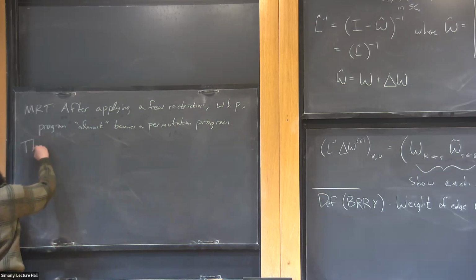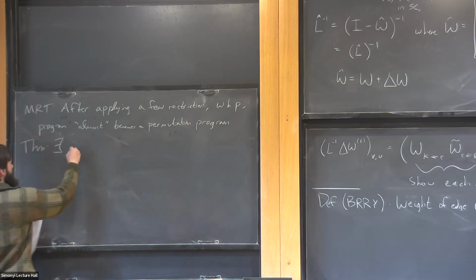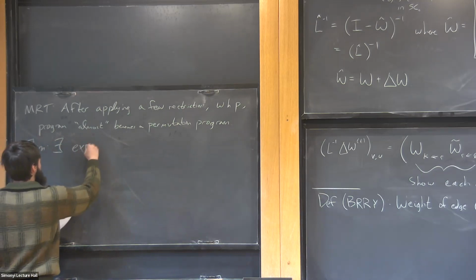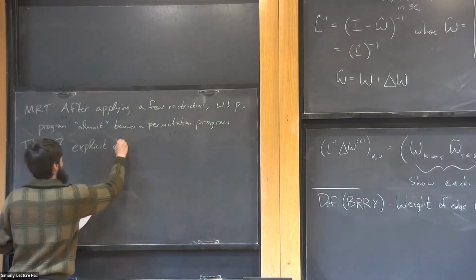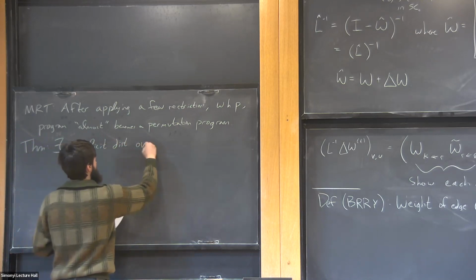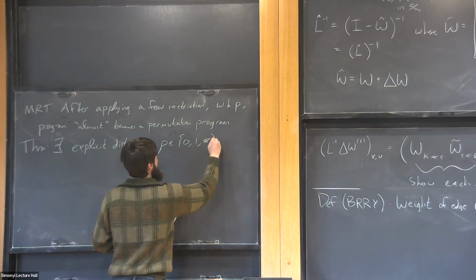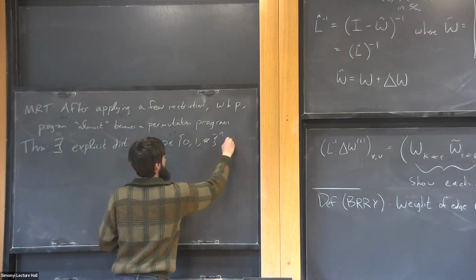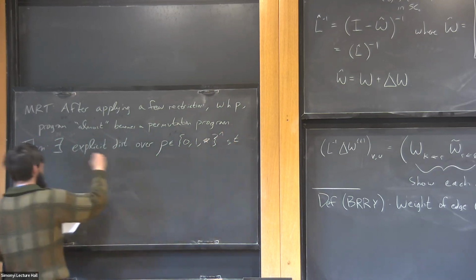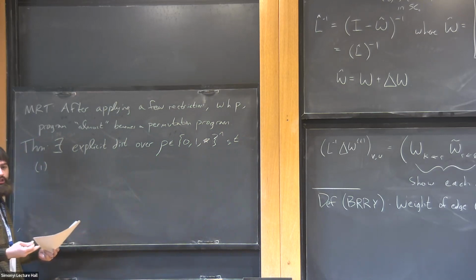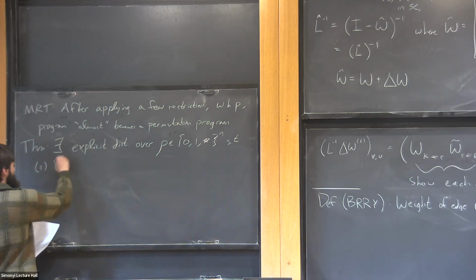The theorem is there exists an explicit distribution over restrictions such that first of all, we preserve the expectation of any width 3 branching program.